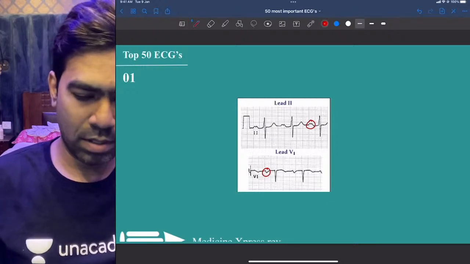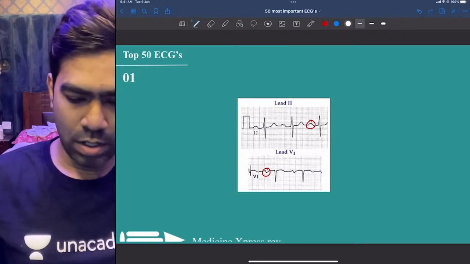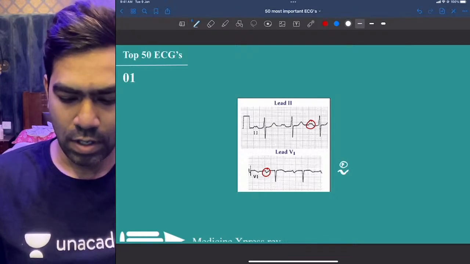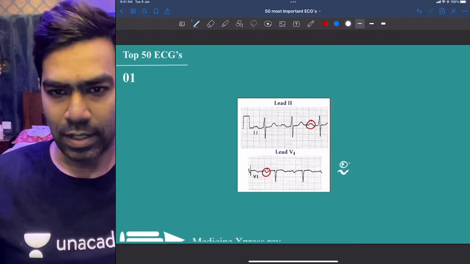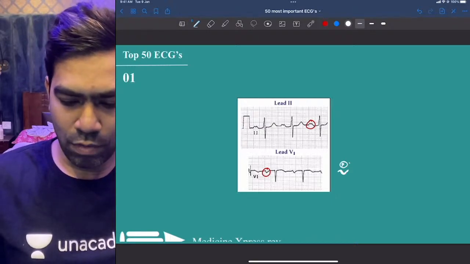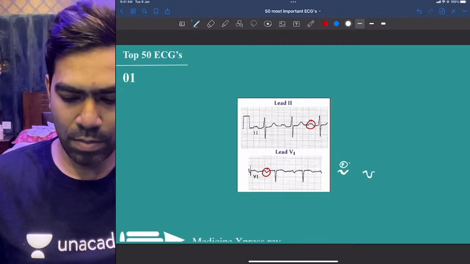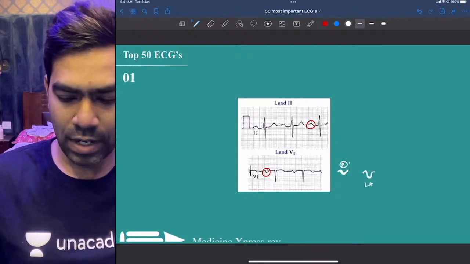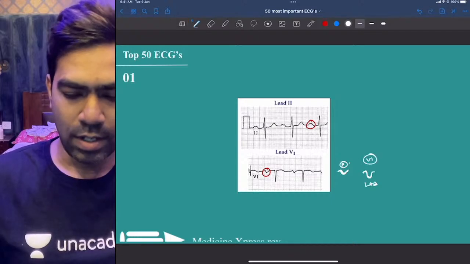Remember that in V1, you need to have biphasic complexes. So this is a normal P wave. If you see predominantly negative complexes, it is actually suggestive of a left atrial enlargement in V1.